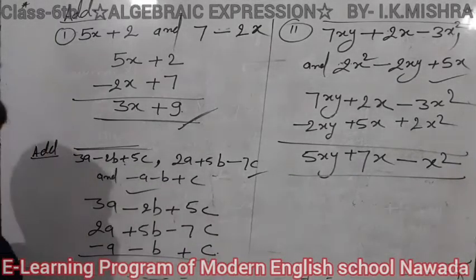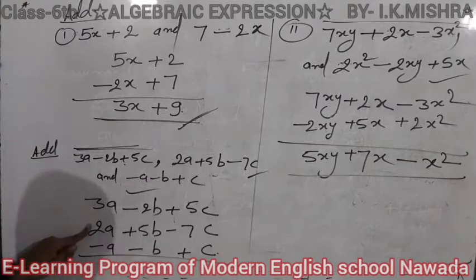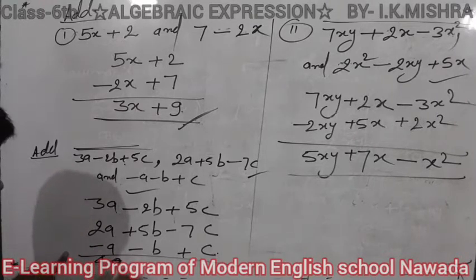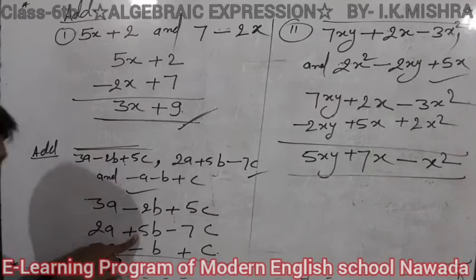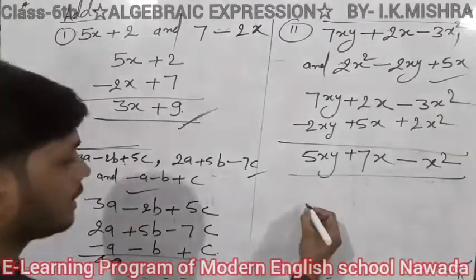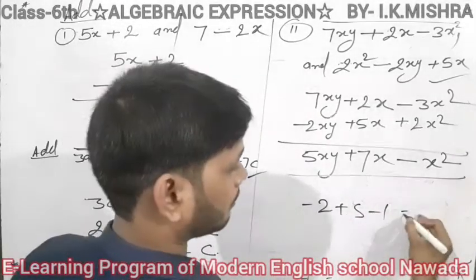Students, when you add it, its result will be here 3, 2, 3 plus 2 is 5, and then minus 1. That means 4a. After that here minus 2 plus 5 and minus 1. That means students here you can observe minus 2 plus 5 and minus 1, its value will be plus 2.